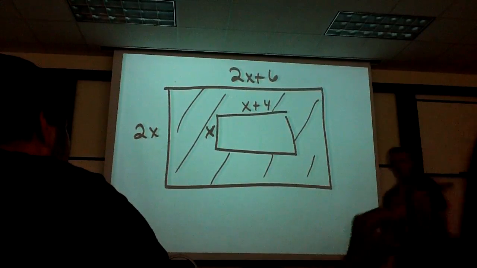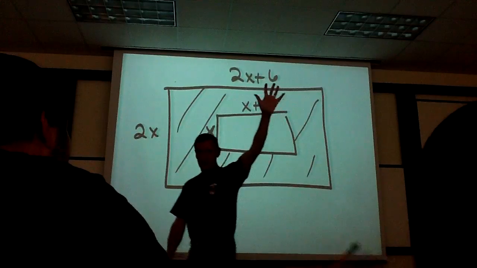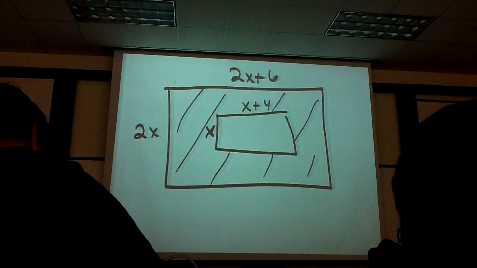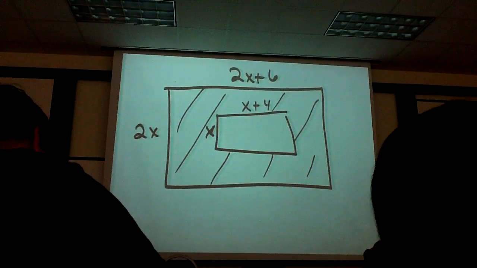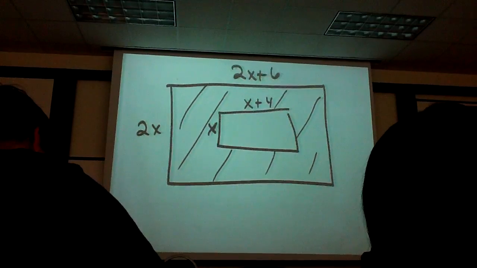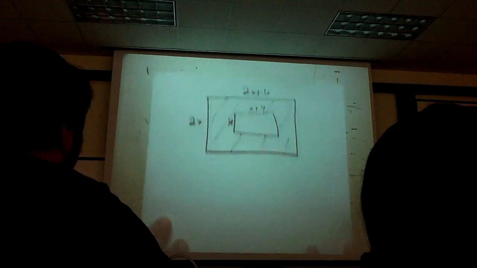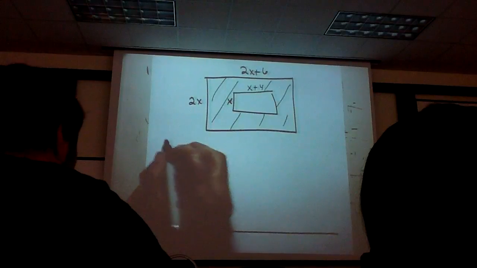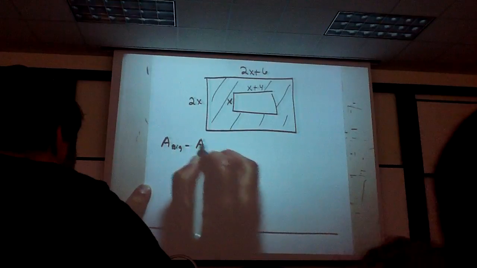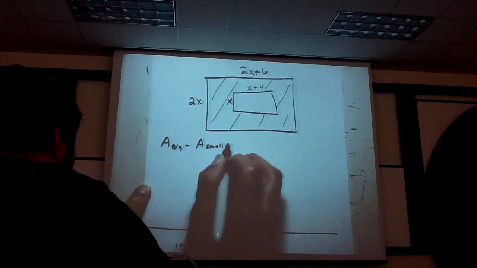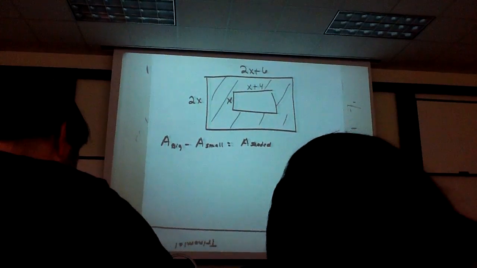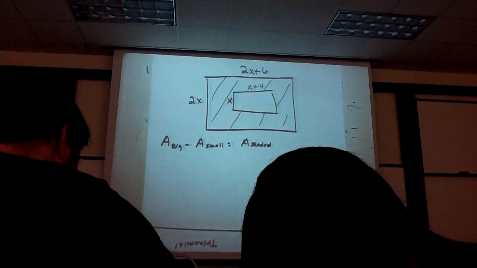Okay. How many weren't really thinking that, but saying they're thinking that? All right, so hey, it's the area of the big rectangle minus the area of the smaller rectangle. That leaves the shaded area, right? So here we go. So you got area of big minus area of small equals area of shaded, right? That's basically the strategy. And it looks like a good one.